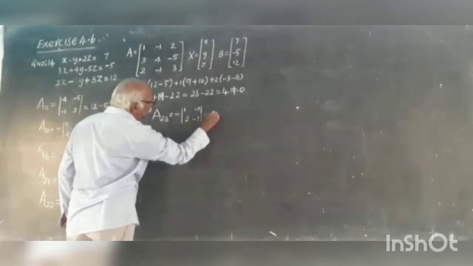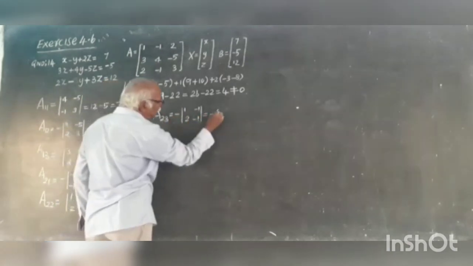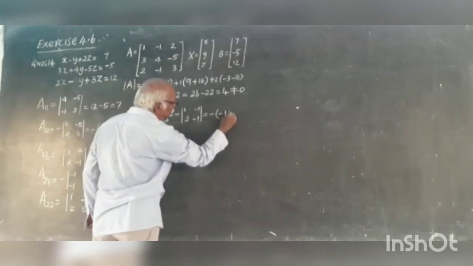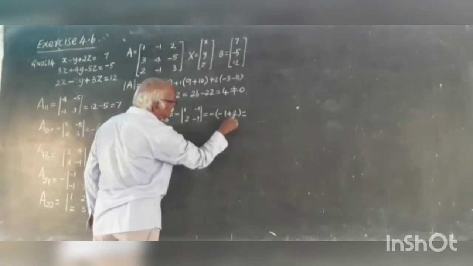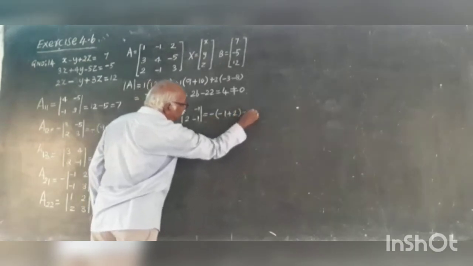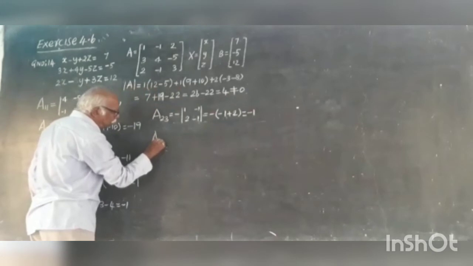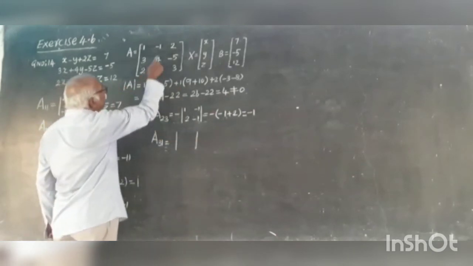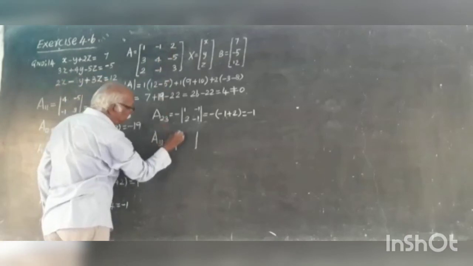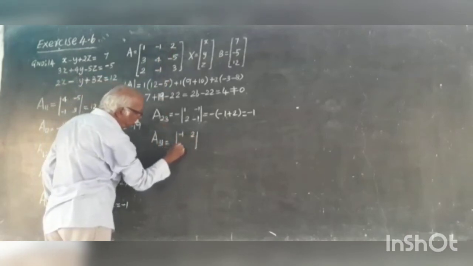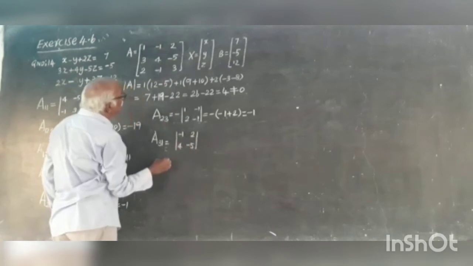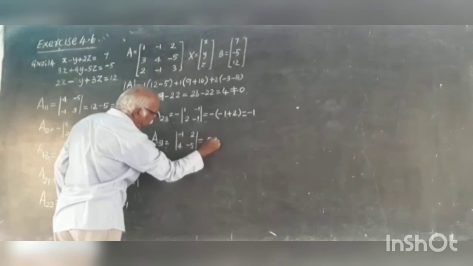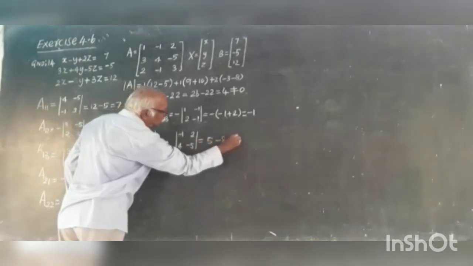The answer is minus of minus 1 plus minus 1. This is minus of minus 2 plus 2 is equal to plus 1, but here minus, so minus 1. A31: minus 1, 2, 4 minus 5 is equal to plus 5 minus 8 is equal to minus 3.